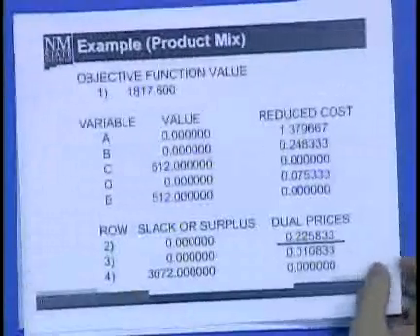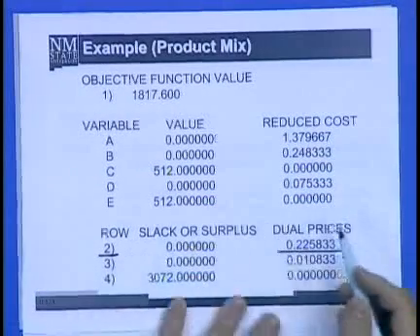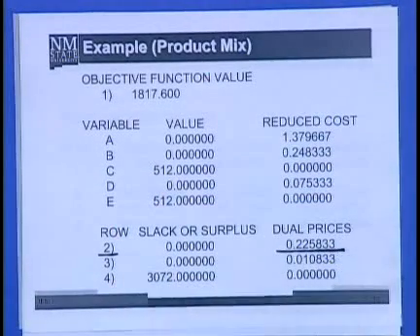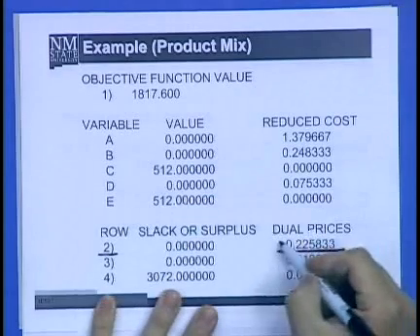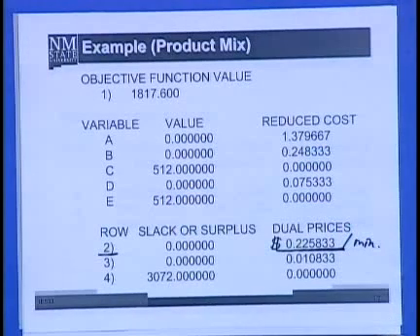And the dual price reported by Lindo for row number 2 is $0.225833 per minute. Okay? And this tells us if the company pays exactly this amount, $0.225833 for an additional minute, then there will be no effect on their net profit.